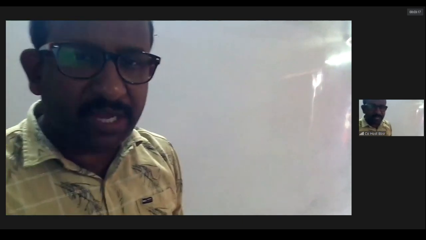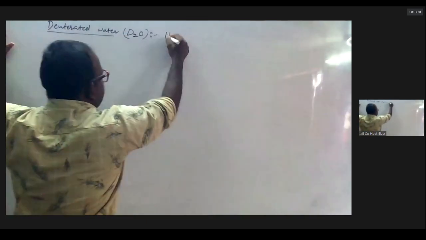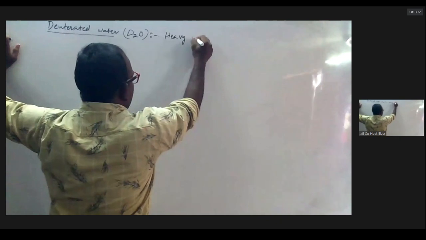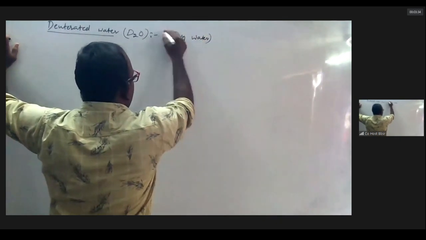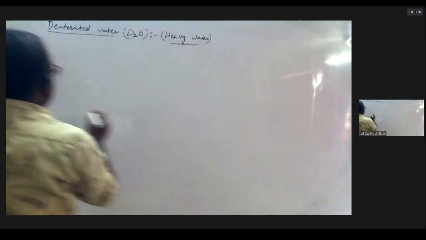And this is also used in some reaction mechanisms, as a tracer. So first we will see the preparation of deuterium oxide, that is heavy water, deuterated water or heavy water. इसको heavy water भी बोल सकते हैं.